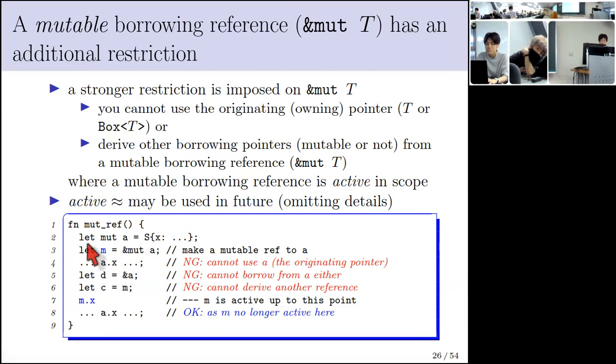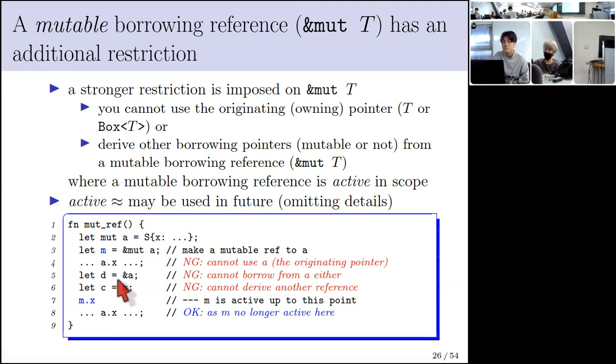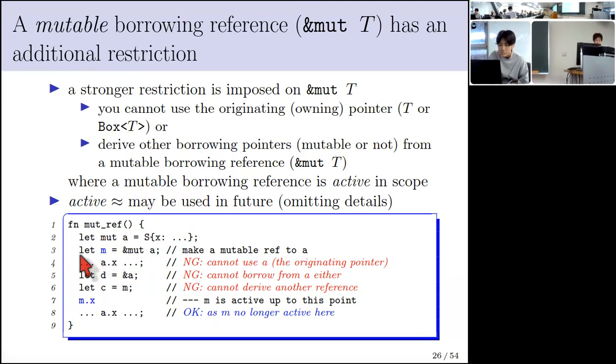The rule says that you cannot use either the originating pointer A in this case, or derive other borrowing pointers from this M. For example, you cannot write something like a.x, because a mutable borrowing pointer is active on this line.